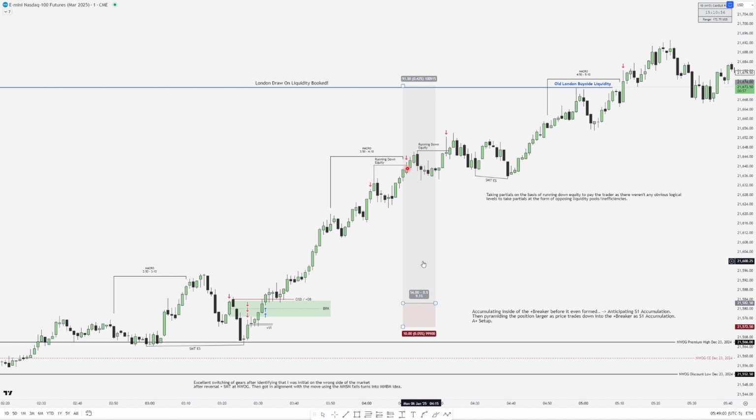It took out lots of levels of buy side and then retraced back into that range, so it was not like a one-sided delivery retracement. It really was just hovering higher, which you tend to see when you get close to the end of London. So I took a partial every time price created a short-term high and then took it out, running down equity like I said.